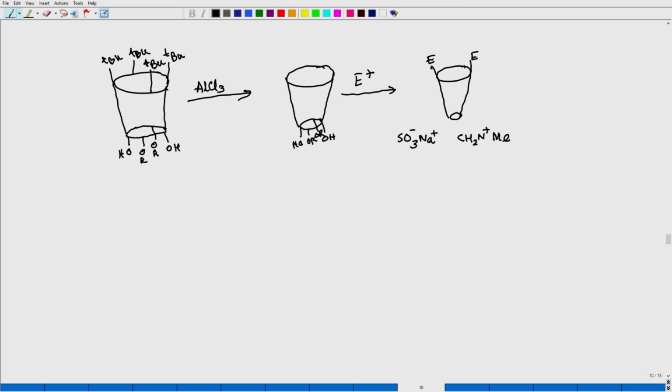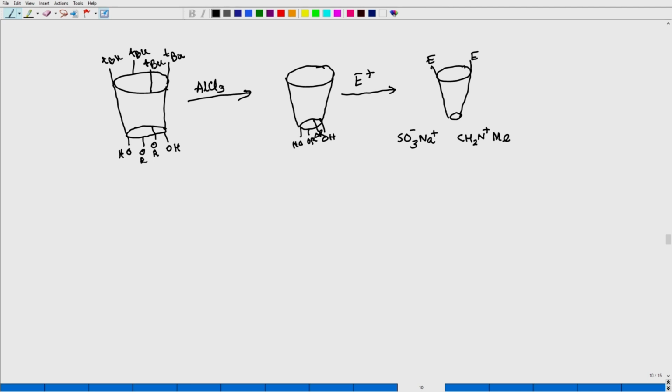So, that means we can do systematically regioselective substitution at both the upper rim as well as the lower rim, and that will change its hydrophobic or hydrophilic character, and we can make different hybrid structures.